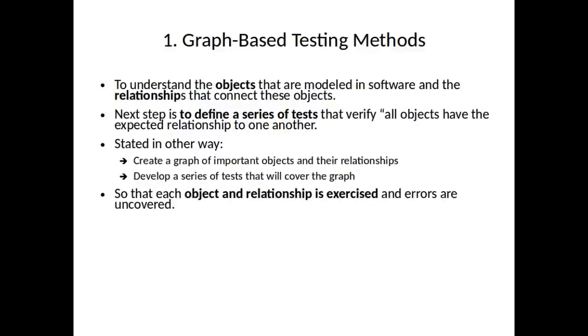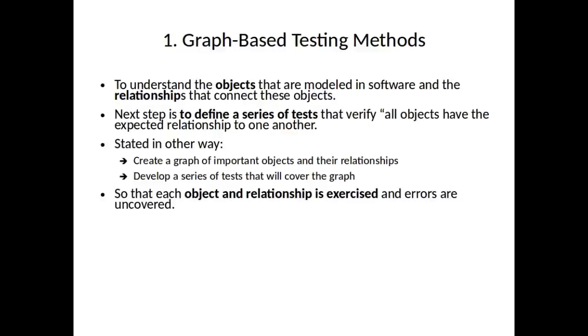Graph-based testing methods. The first step in black box testing is to understand the objects that are modeled in software and the relationships that connect these objects. Once this has been accomplished, the next step is to define a series of tests that verify all objects have the expected relationship to one another.